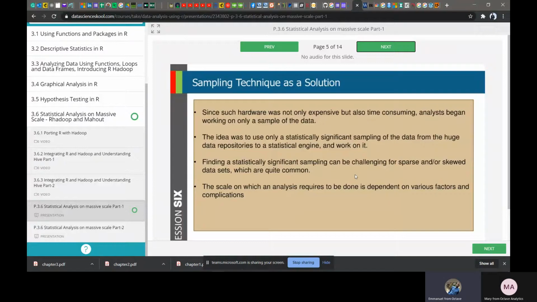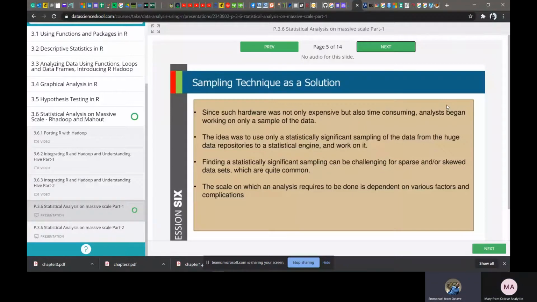Okay, so since such hardware was not only expensive but also time consuming, analysts began working on only a sample of the data. So the idea was to use only a statistically significant sample of data. But obviously, finding a statistically significant sample can be challenging for sparse and skewed data sets, which are quite common.